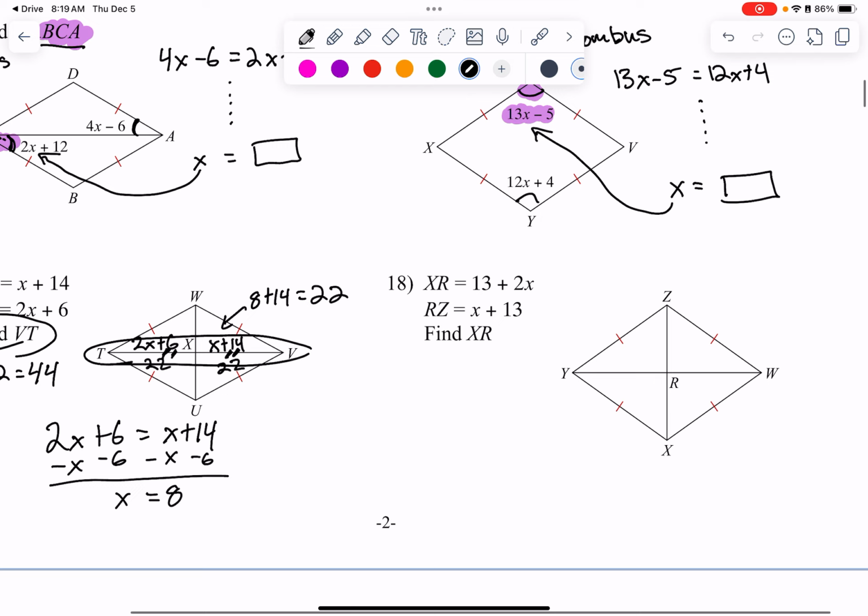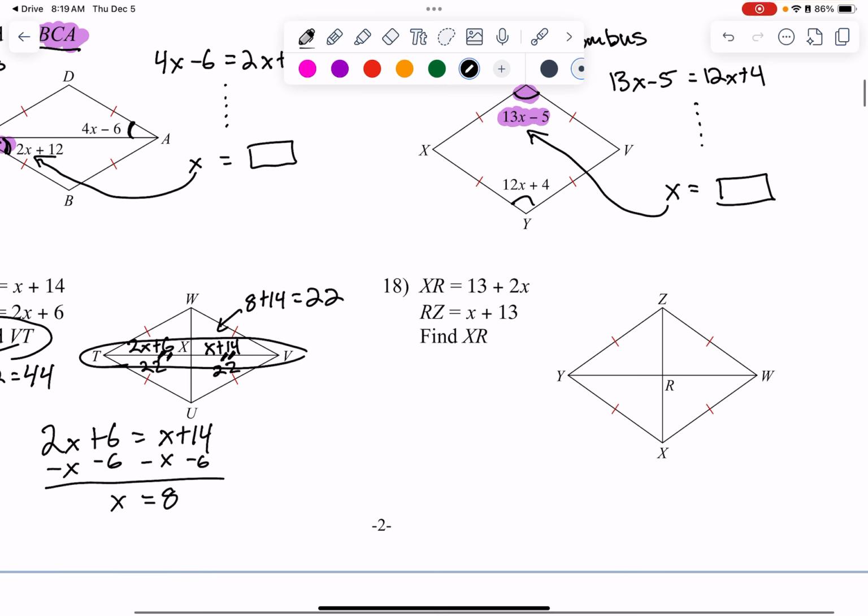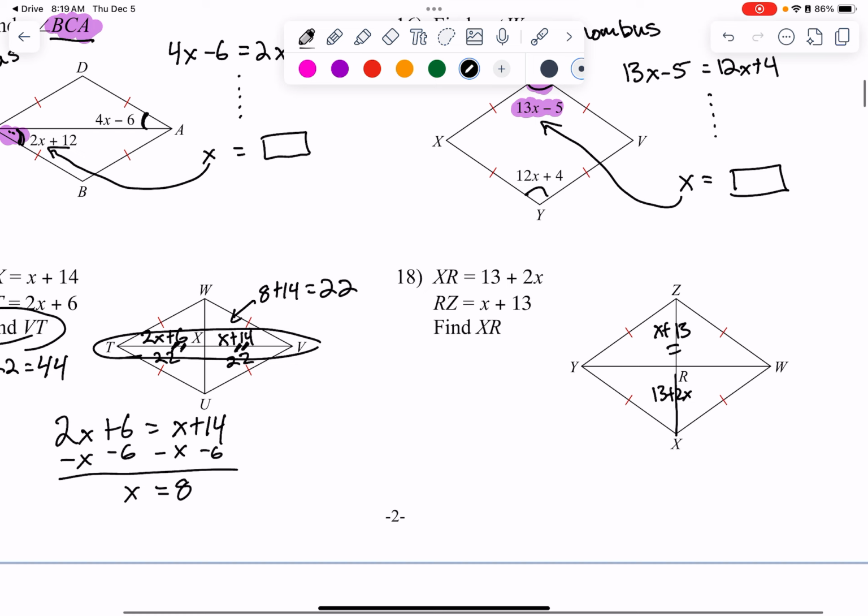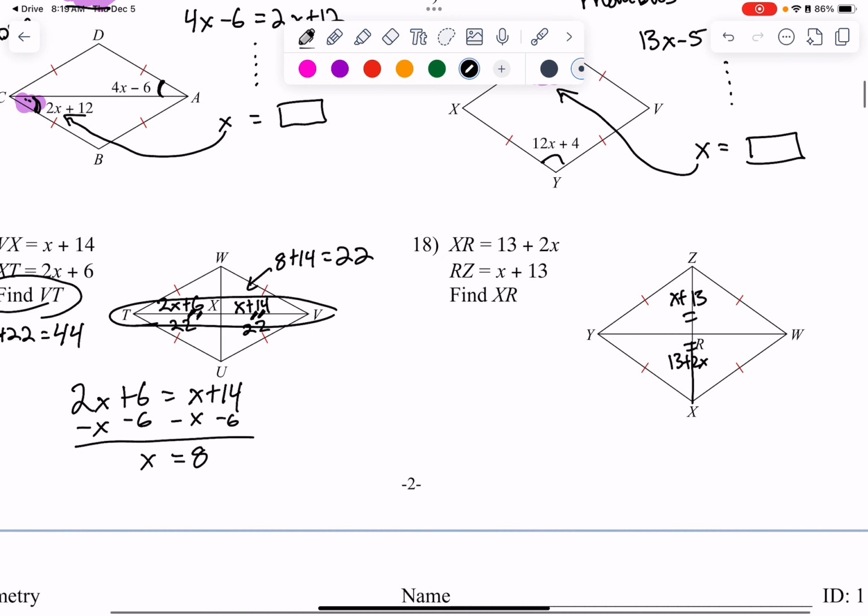This next one is very close, but has a slight difference to it. It tells us that our XR down here is 13 plus 2x for this side. And then the top side is x plus 13. So again, we have two equal bisected pieces there. We could say x plus 13 equals 13 plus 2x.